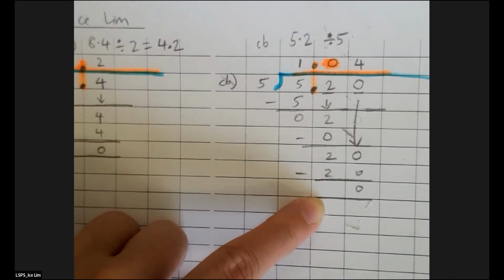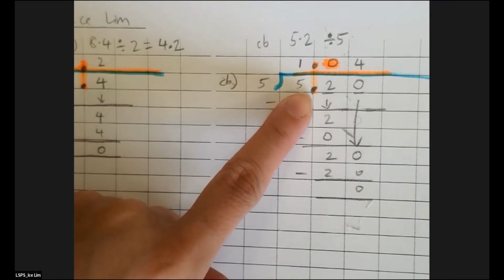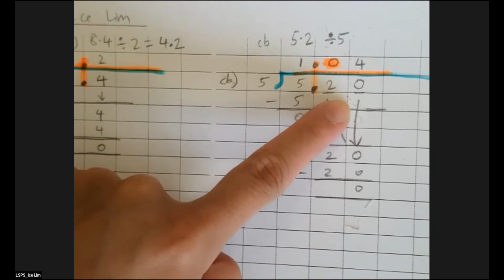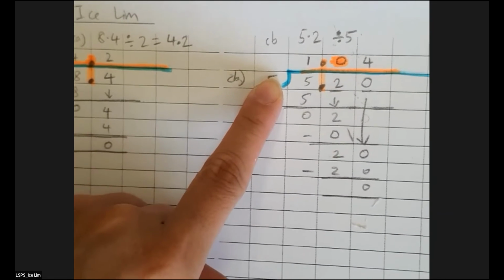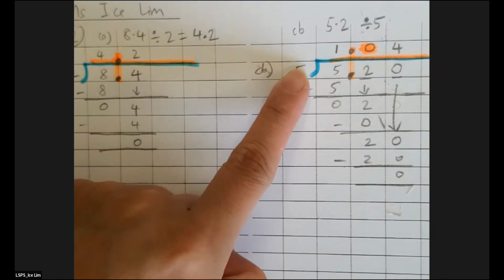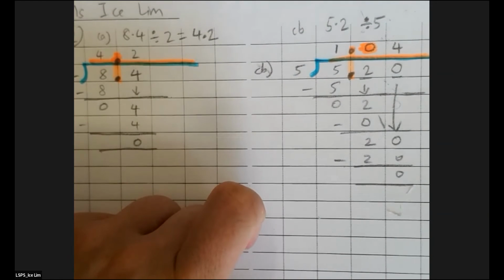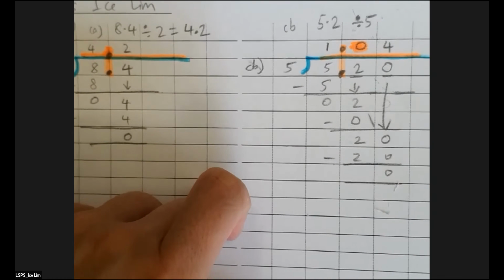If I share $5.20 with 5 people, each person will get $1.04. Is this okay?